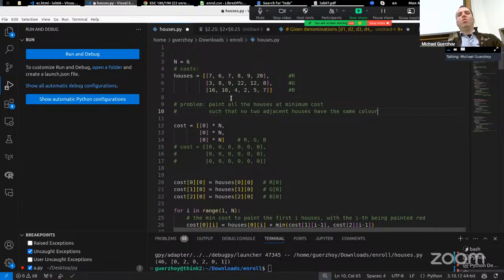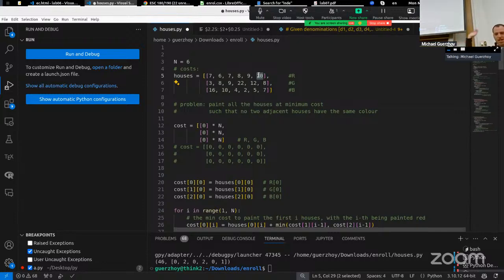Okay, so one possible solution, which is probably not optimal, is to say, I'll paint this one red and this one green, and then this one blue, and this one red, and this one blue, and this one green, and this one red. So no two adjacent houses had the same color because I always was moving in between the colors. That would be one possible solution. What I want is the minimal cost solution. Okay, does that make sense?